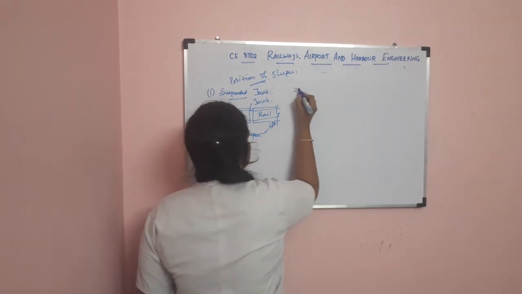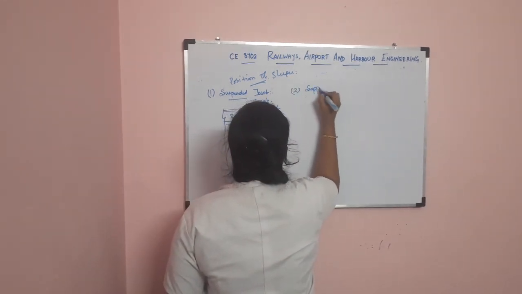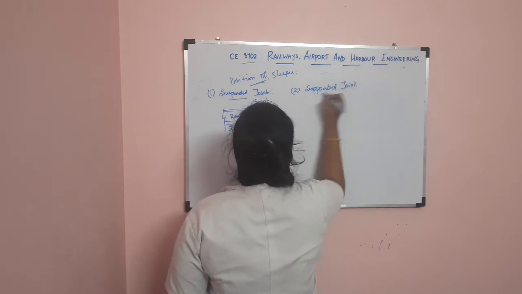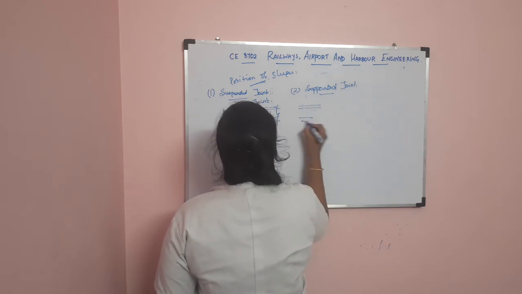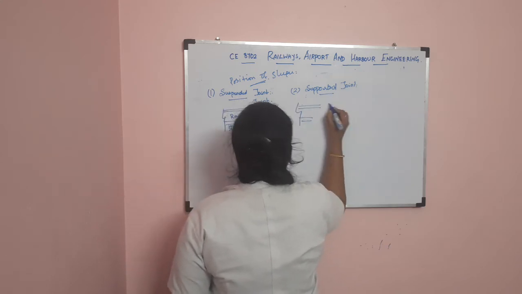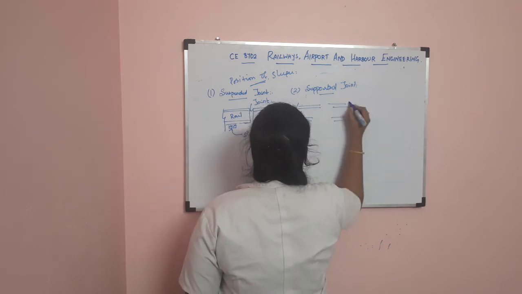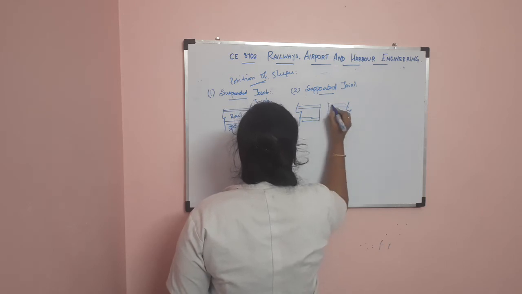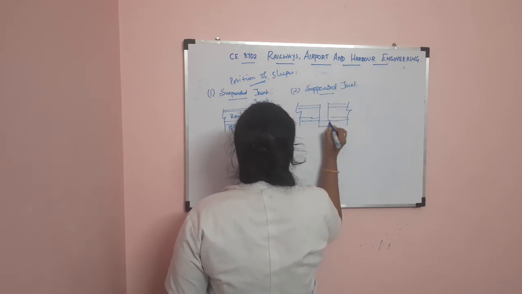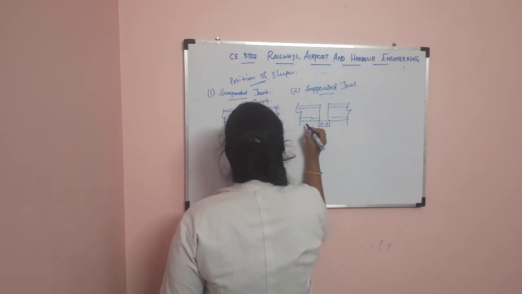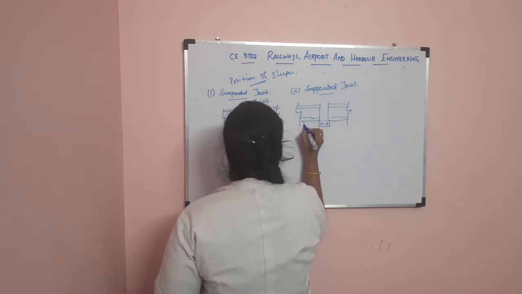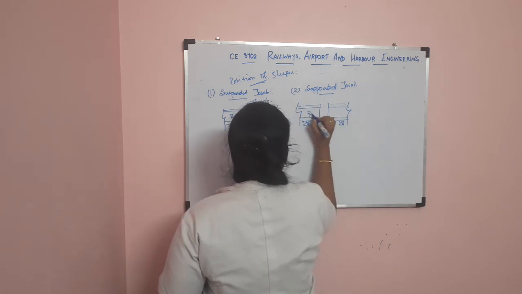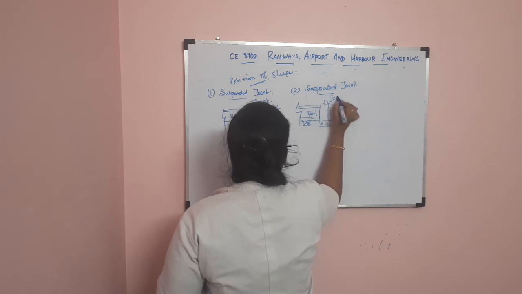So next one is supported joint. In supported joint, the sleeper is placed... this is rail, this is joint, and this is sleeper.